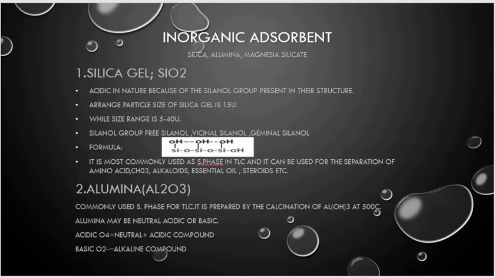The average particle size of silica gel is 15 micrometer, while the size range is 5 to 40 micrometer.